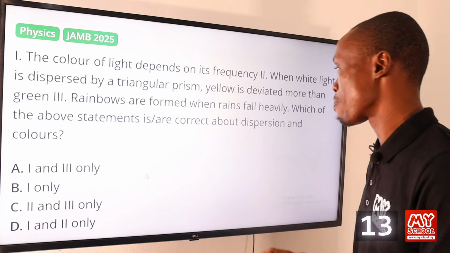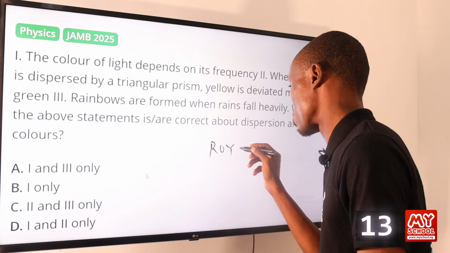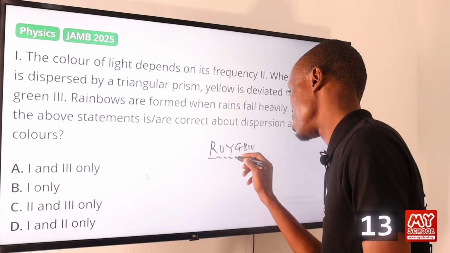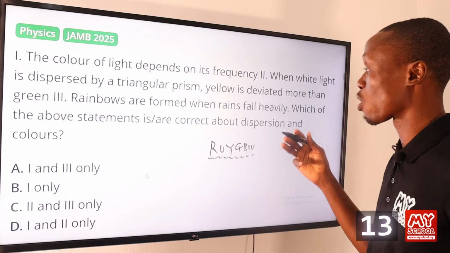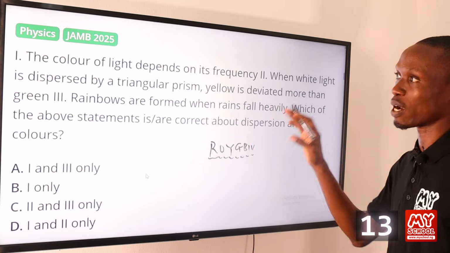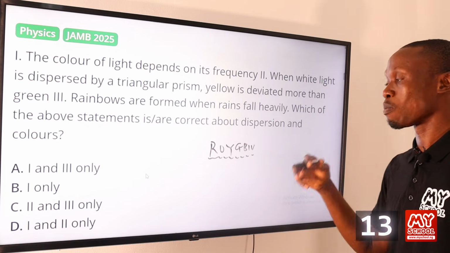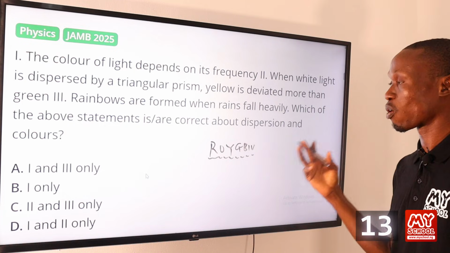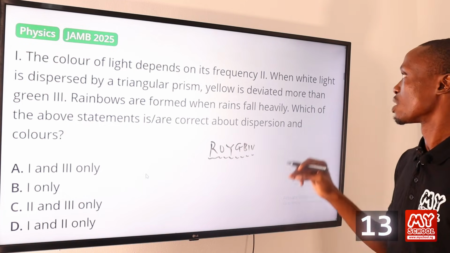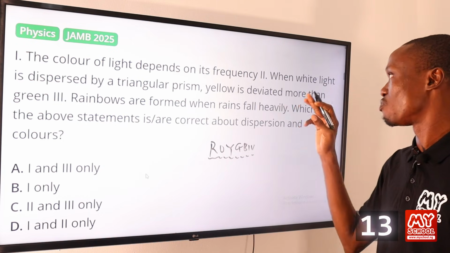Remember our ROYGBIV, which is the colors of the visible spectrum, right? These colors are arranged in order of ascending frequency. From here we can see that the color of light depends on its frequency. So the more the frequency, the more that particular color is deviated or dispersed, right? Then, when white light is dispersed by a rectangular prism, yellow is deviated more?